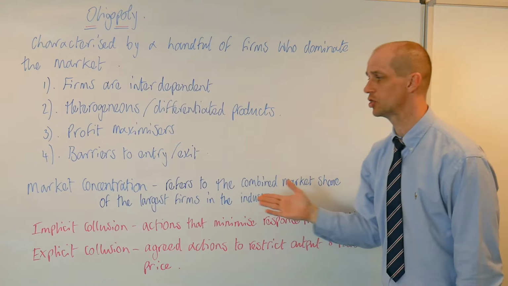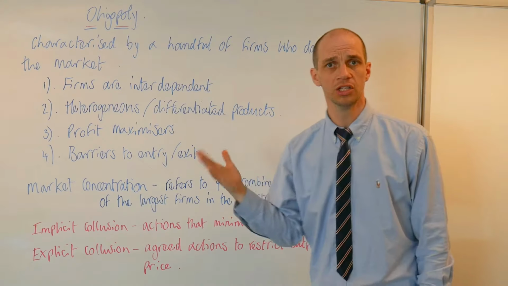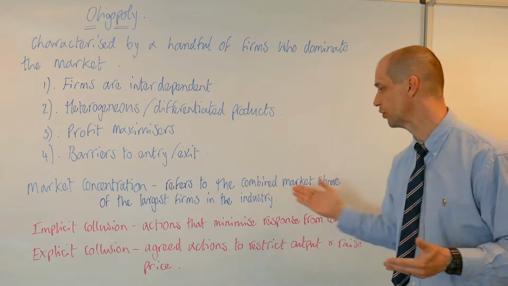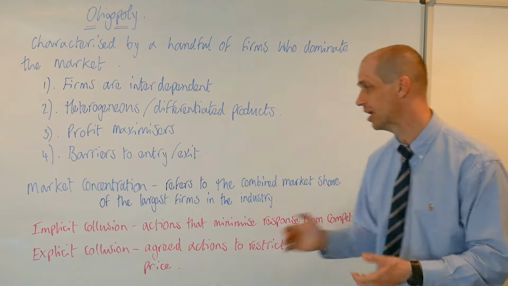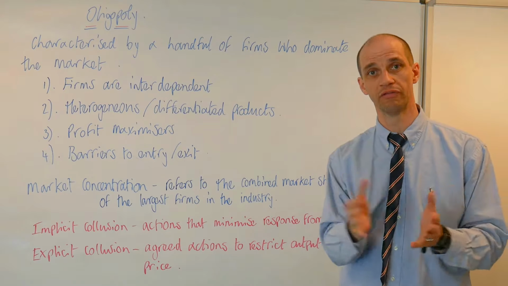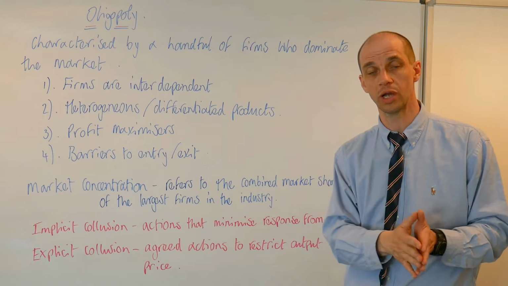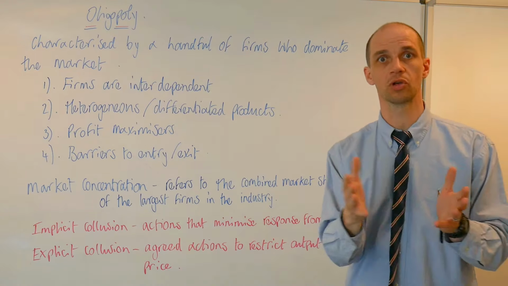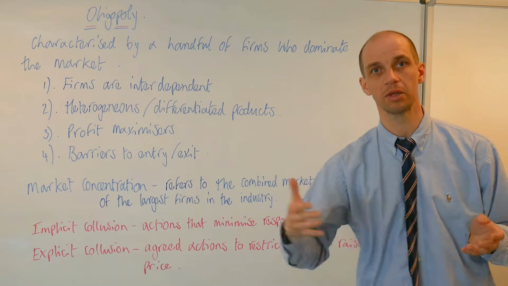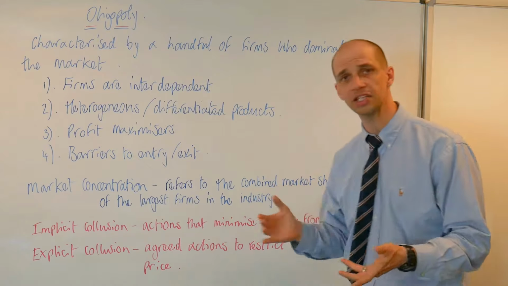Right, next thing to just focus on is market concentration. Market concentration refers to the combined market share of the largest firms in the industry. It's common to look at a four-firm concentration ratio. The four-firm concentration ratio within the supermarket industry may be perhaps 80%.